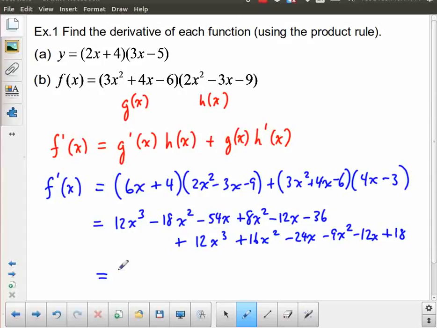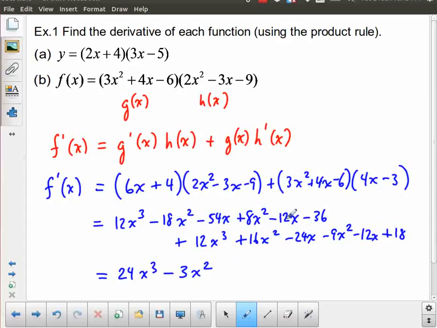And now we have to gather together like terms. I look at my x cubes and I see I have 24x cubed. I take a look at x squared. I have negative 18 plus 8, so that's minus 10x squared, plus 16x squared. So negative 10 plus 16, now I'm at positive 6x squared, minus 9x squared, so positive 6 minus 9, I end up with minus 3x squared.